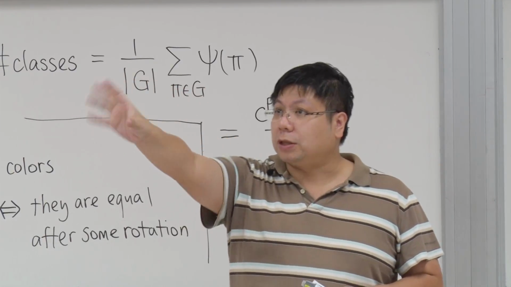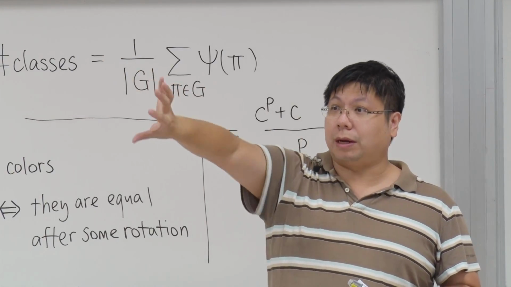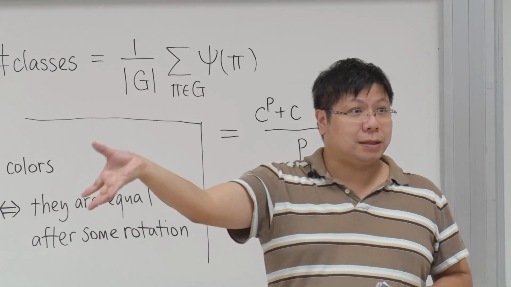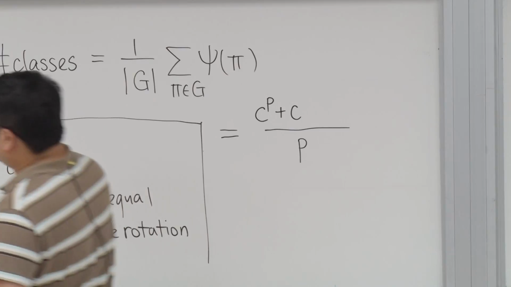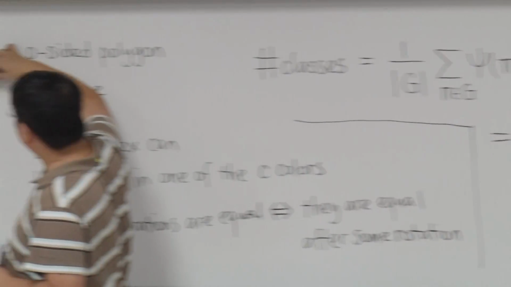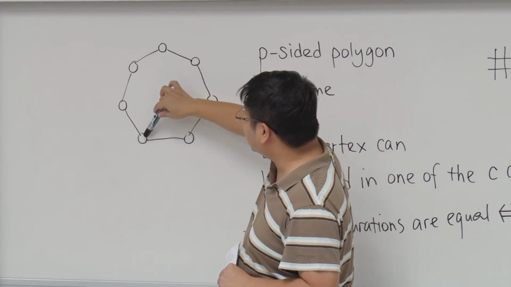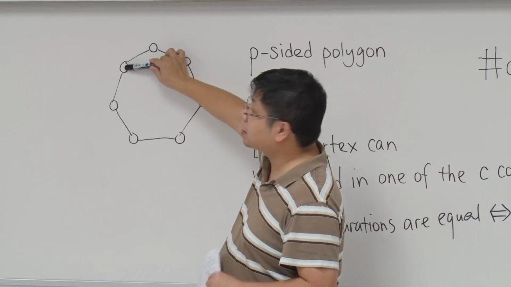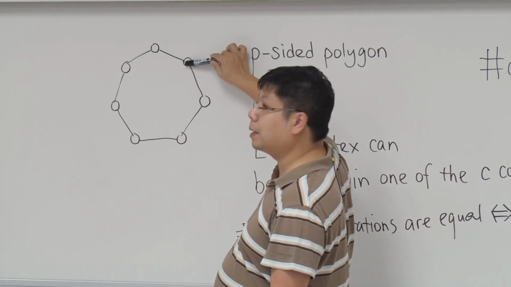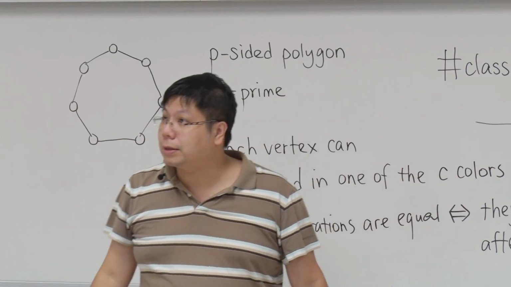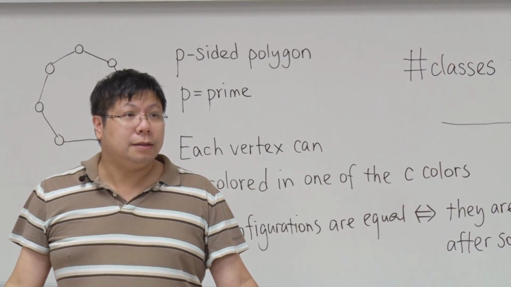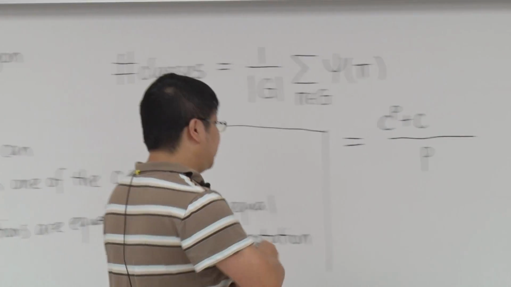Now if we rotate by 2 vertices to the right and it needs to be the same, then this one and this one have the same color, and likewise for each of the other pairs. Am I correct? Then in that case, there are only C of them.